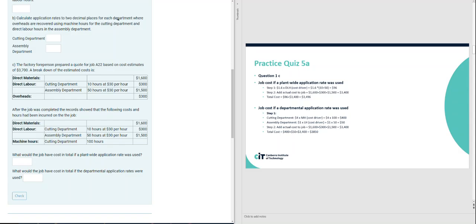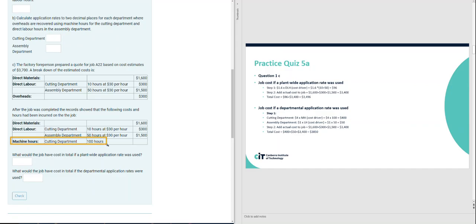Cutting department, as we mentioned before, machine hours will be used, and therefore what we'll use is our cutting department applicable rate that we previously calculated, which is $4, times the machine hours, as you can see from the right hand side here, 100 machine hours, and therefore the applied overhead for the cutting department would be $400.